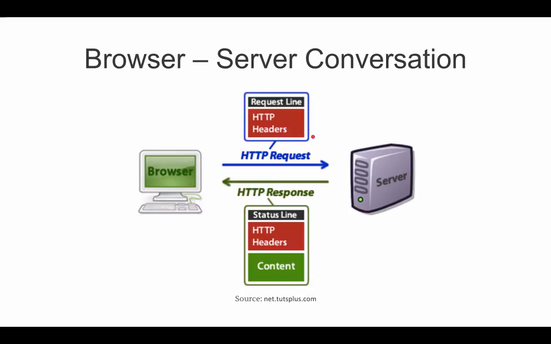So these headers contain information such as what type of computer are we on, what type of browser are we using, and what type of request are we making. So in our case, we're making a HTTP GET request. We're trying to get, in this case, the index.html page, or in other words, the home page of the website.